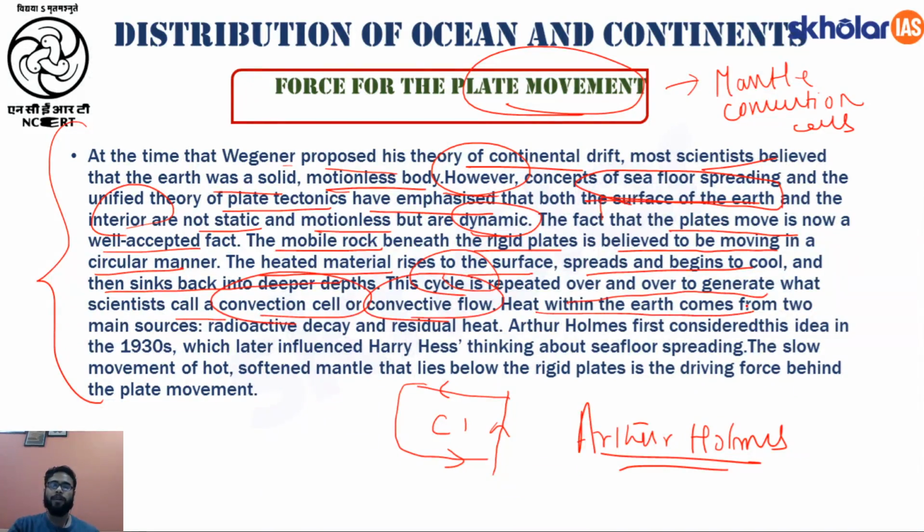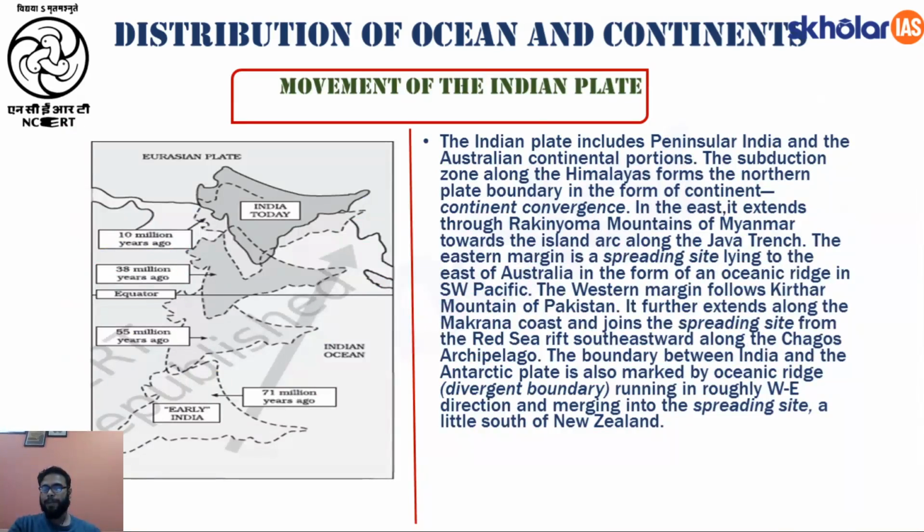The heat within the earth comes from two main sources: one is radioactive decay and the other is residual heat. Arthur Holmes first considered this idea in the 1930s, which later influenced Harry Hess's thinking about seafloor spreading. The slow movement of hot softened mantle that lies below the rigid plate is the driving force behind the plate movement. Okay, so this was all about the plate tectonic theory.